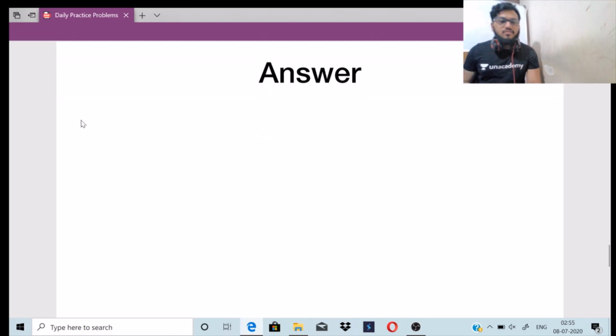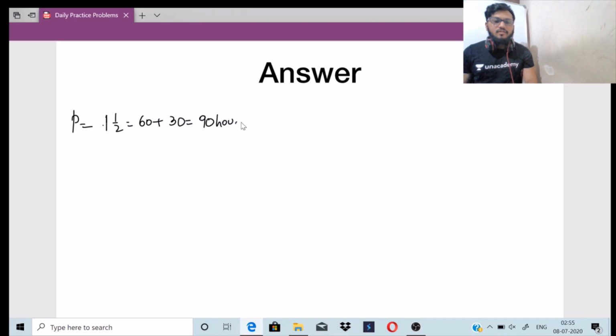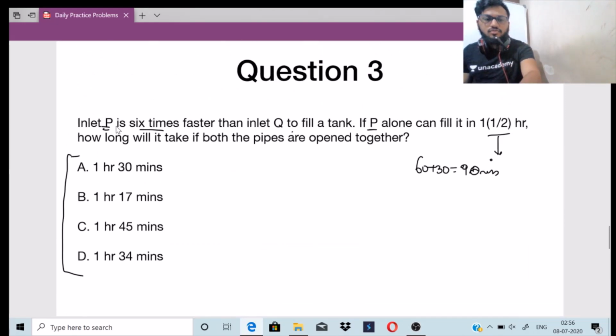So let's find out the solution here. The time taken by P to fill up the whole tank is 1.5 hours, which is 60 plus 30, 90 hours. What will be the time taken by Q? Inlet P is 6 times faster than Q. That means inlet Q's time will be what?